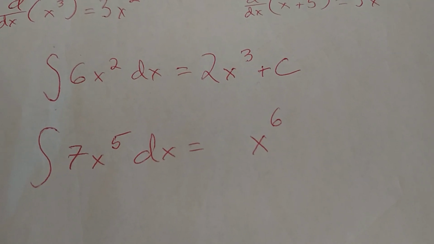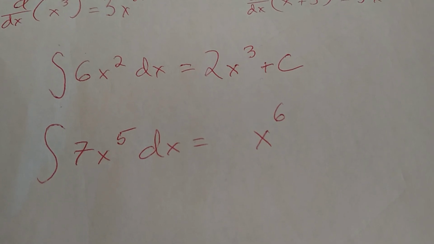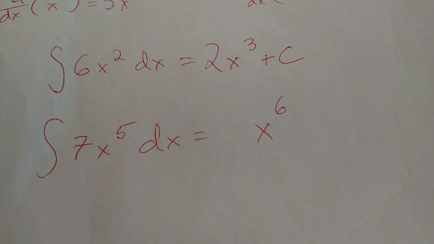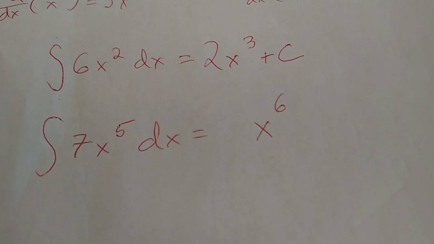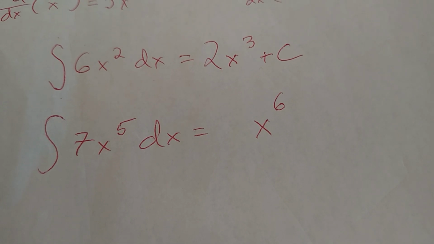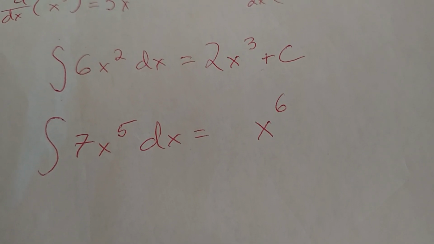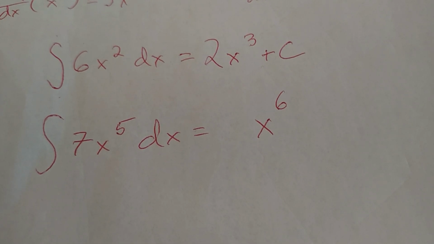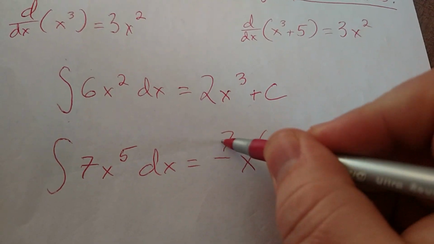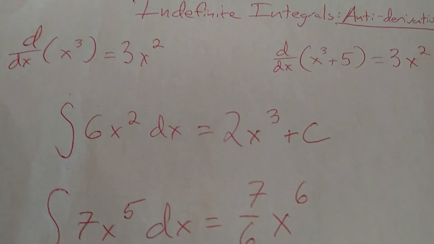But what's going to be my coefficient so that when I multiply it by 6, I end up with 7? This is where it gets kind of weird. Obviously, it's not going to be an integer. I want to end up with 7 as an answer, so I put 7 on top, and I cancel that 6 out by putting 6 on the bottom.